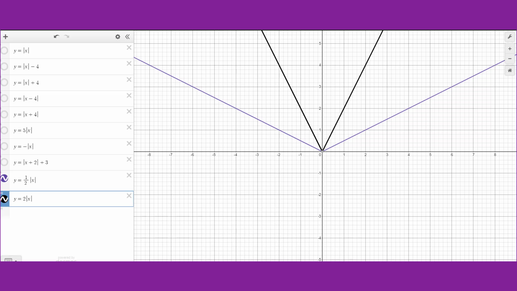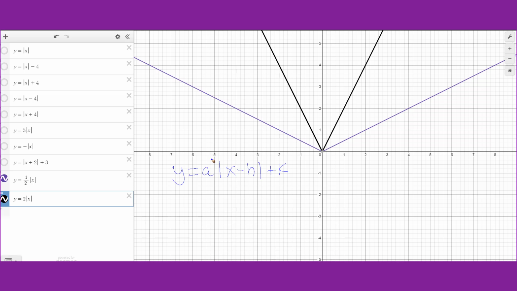And the axis of symmetry of that graph is going to be our x value. So here's what I'm saying. If we have this equation, y equals a absolute value of x minus h, plus k, here's what each of those are.